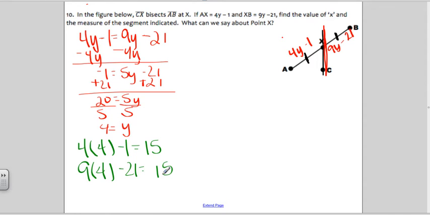That means that the whole segment, AB, would be 15 plus 15, which would make the whole 30 units.